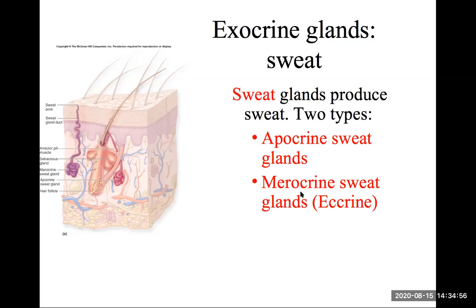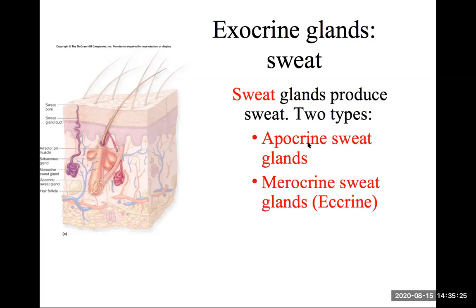Now, if you remember, the merocrine or eccrine sweat glands release their product in one way, just through exocytosis, and the apocrine glands release their product in another way. So when these were first described, it was thought that merocrine sweat glands act like a merocrine gland, and apocrine sweat glands act like an apocrine gland.